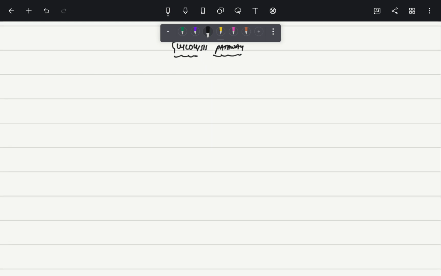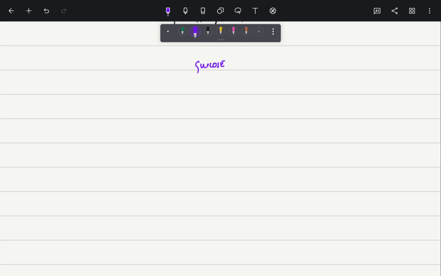So, as you already know that in the glycolysis pathway, usually the glucose will get eventually converted into two components.